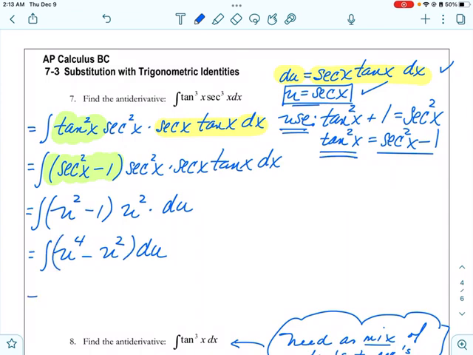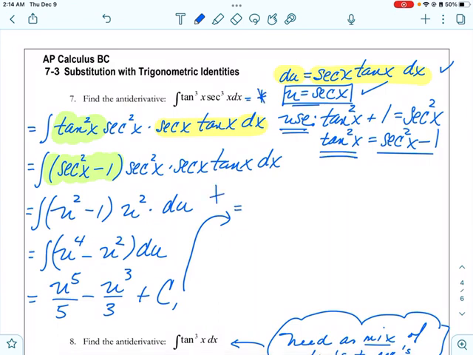And now I can integrate, take the antiderivative. I got u to the fifth over 5 minus u cubed over 3 plus c. So now I'm going to back substitute and put in my u. My u is secant. So I end up with, and I like to state the answer, but I think for right now I'm just going to say this is equal to then putting the secant in.